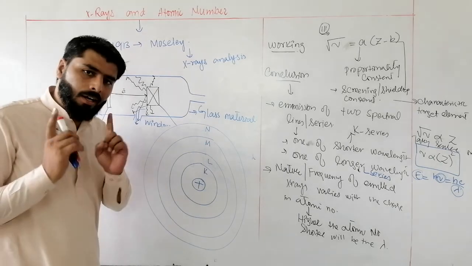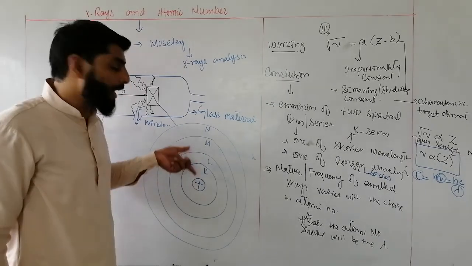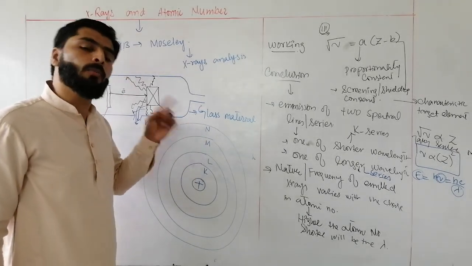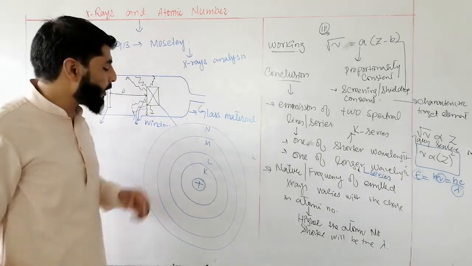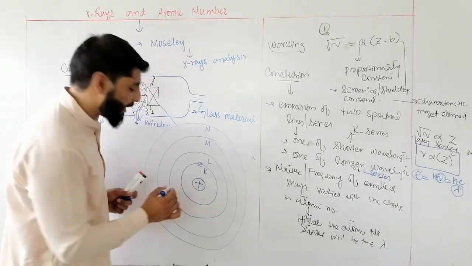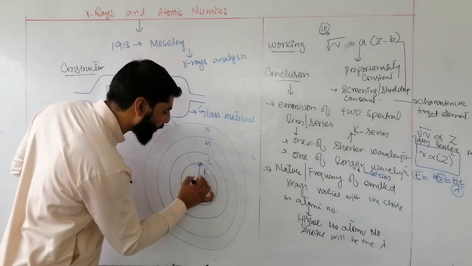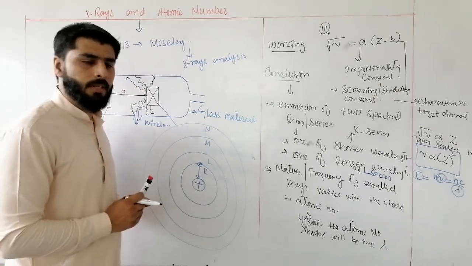Students, according to Bohr's concept, the farther the electron from the nucleus, the more energy it will have. For example, look at the electron placed in the first shell. There is a strong bond between the nucleus and this electron due to the smaller distance.